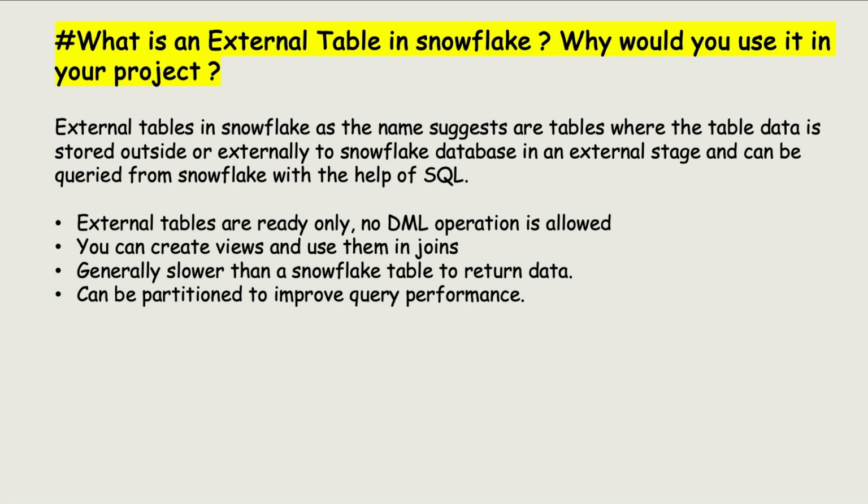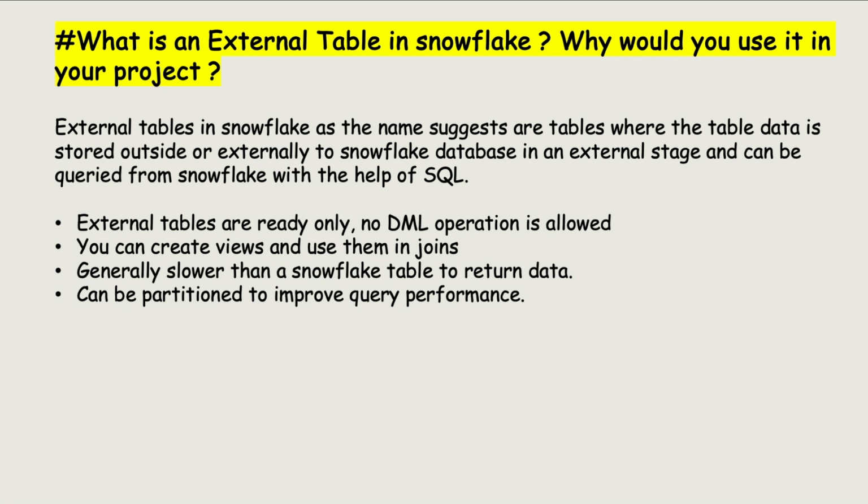I want to bring your attention to select performance of external tables. Select performance of external tables tends to be slower as compared to internal or regular tables in Snowflake. And this is due to the fact that the data has to travel from cloud storage to Snowflake instead of data being present right in Snowflake.